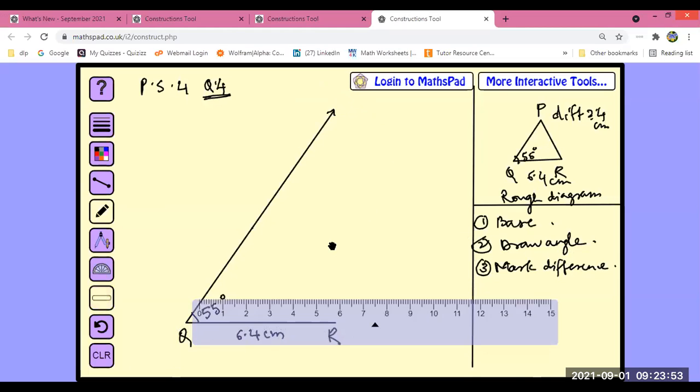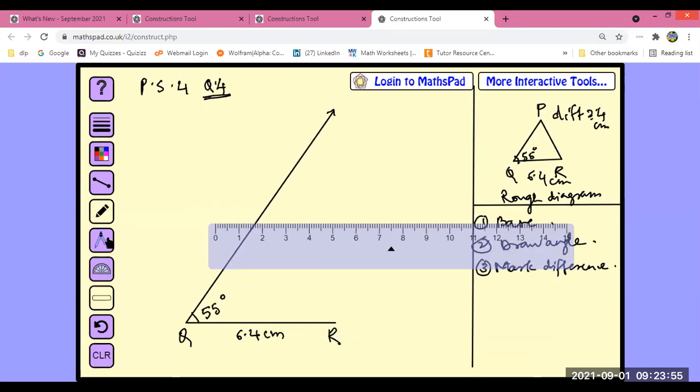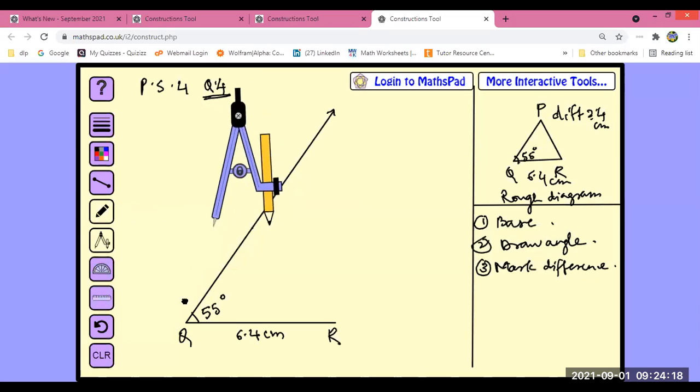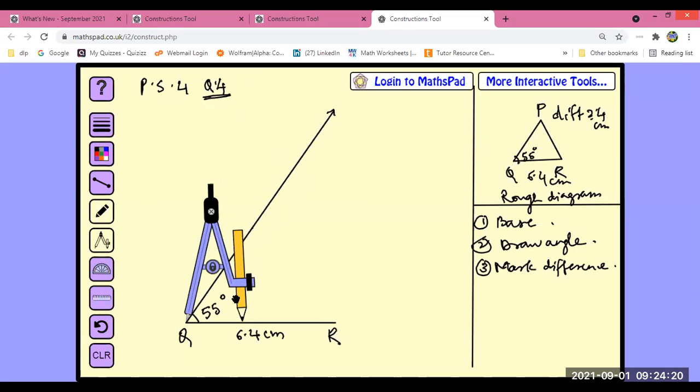So with the help of ruler, it's 2.4 centimeters, and a compass, we place the steel point on 0 and check 2.4 centimeters. Check, this is 2.4 centimeters. Be very careful while measuring the distance. And now I'm going to lock it. So with the help of ruler and a compass, you measure the difference 2.4 centimeters.